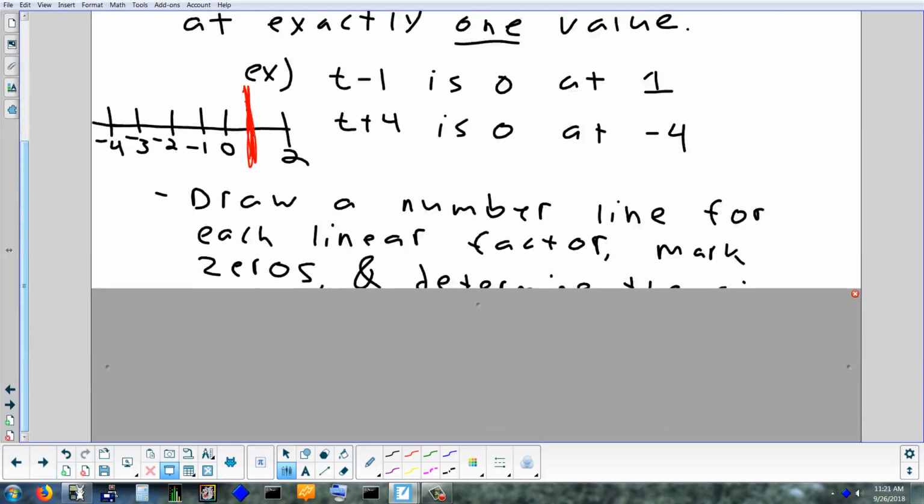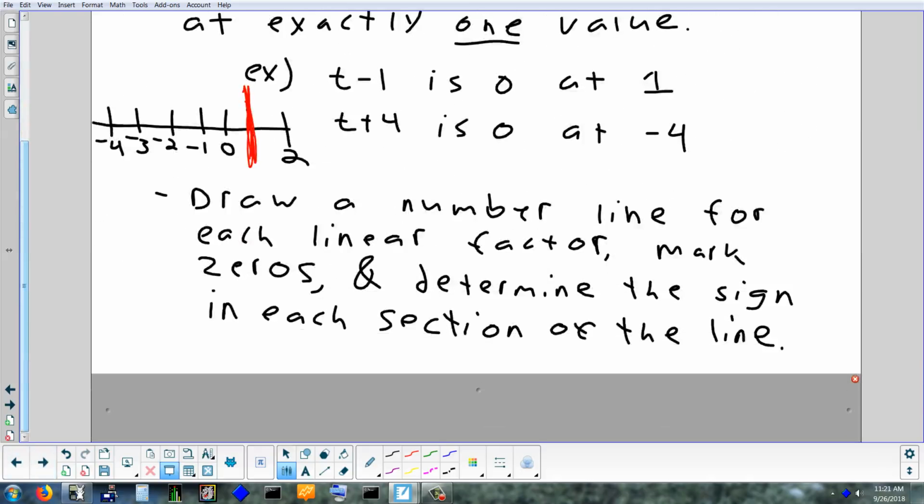But we're going to mark the number that causes it to come out to 0. And then we're going to check the sign in this section. In this case, any number to the left of that dividing line would result in a negative. Any number you plug in to the right of the dividing line would result in a positive when you evaluate using that expression. We're just going to split it into negative and positive.